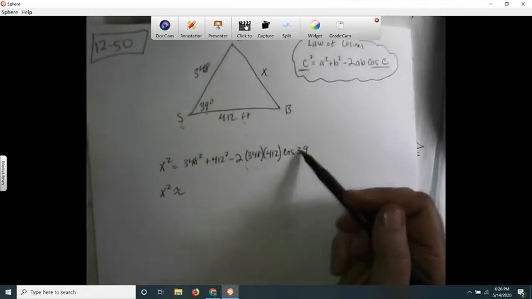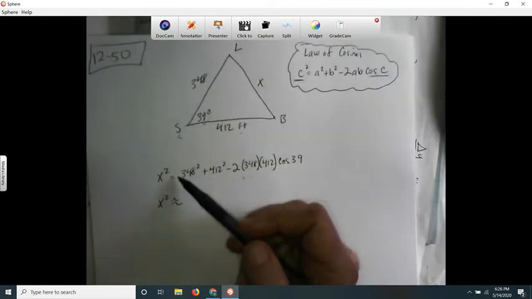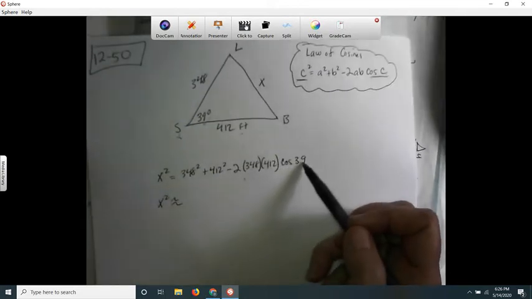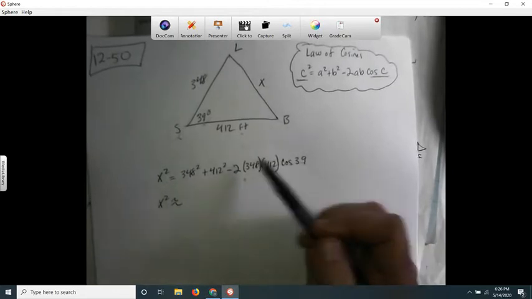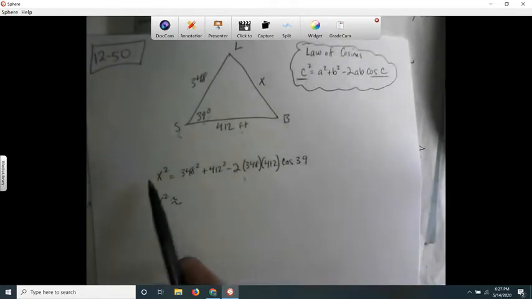The important thing is that I used this one and this one in these two spots, and then fill in the rest. So this is just me filling in law of cosines.